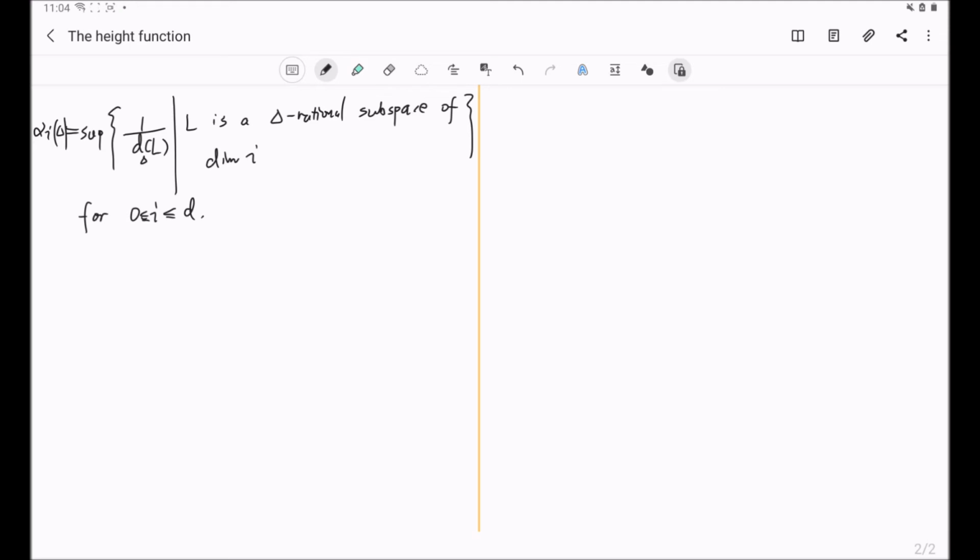So now we can give the definition for the height function. The height function is given as follows.